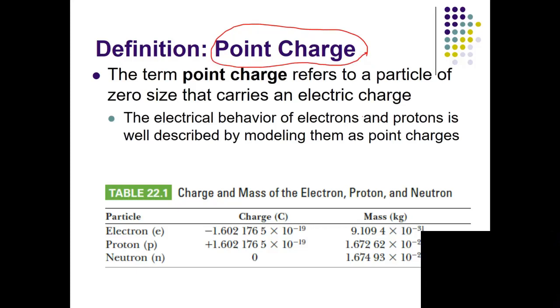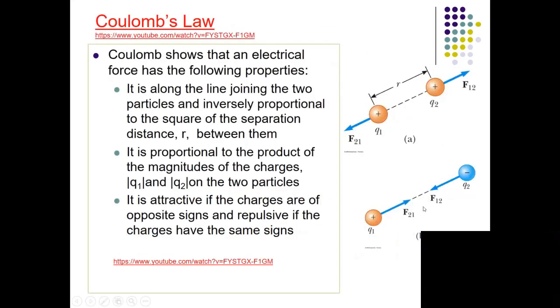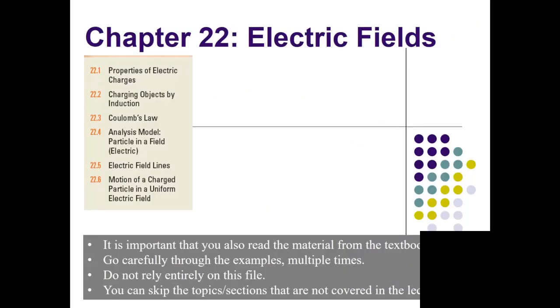So for example, when we discuss electrons or protons, we discuss them during this course as points. They are points and simply they have Q's, they have charges. Okay. So for the electron, we have this charge and we have the mass of the electron. Okay, so next will be Coulomb's law.